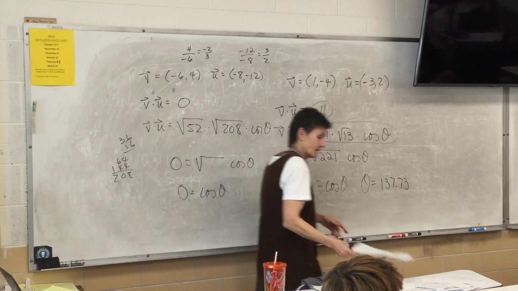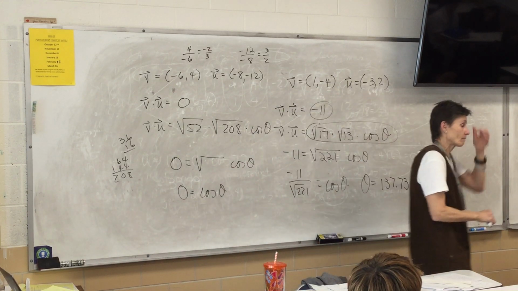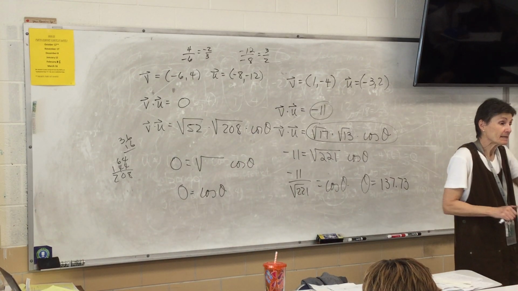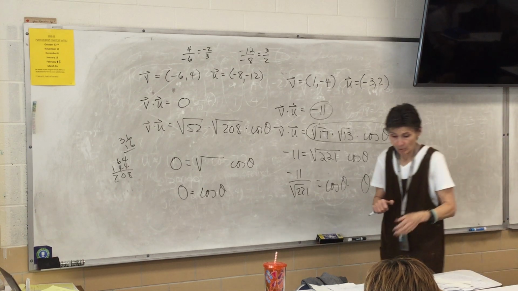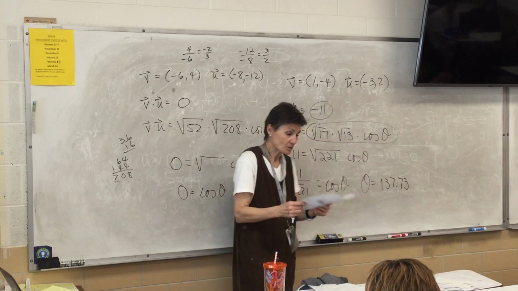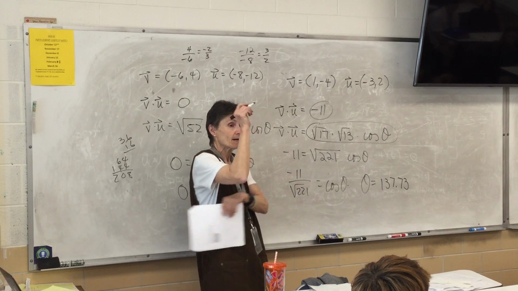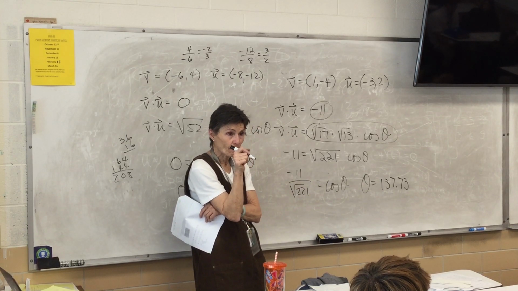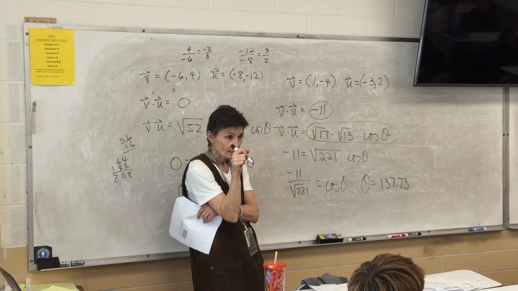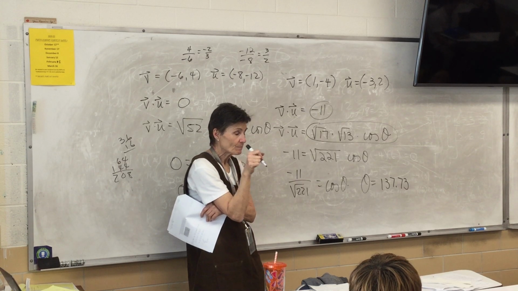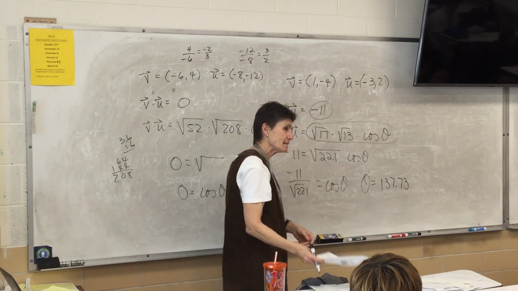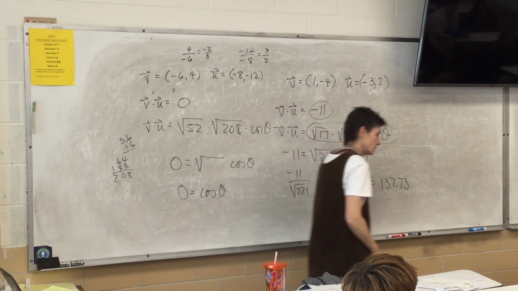All right. Now, looking at the next set of questions, you're all thinking, well, I can certainly do the orthogonal part, because if they're orthogonal, their dot product is 0, right? But what does it mean to be parallel?